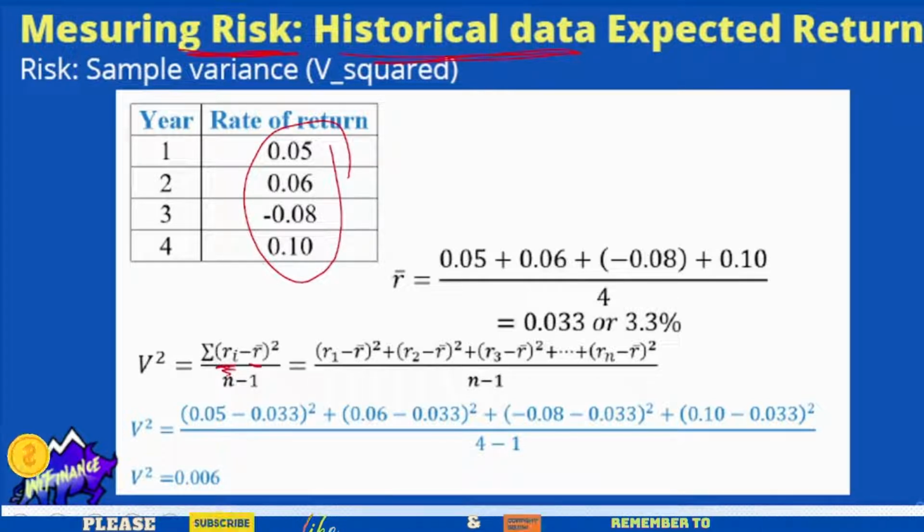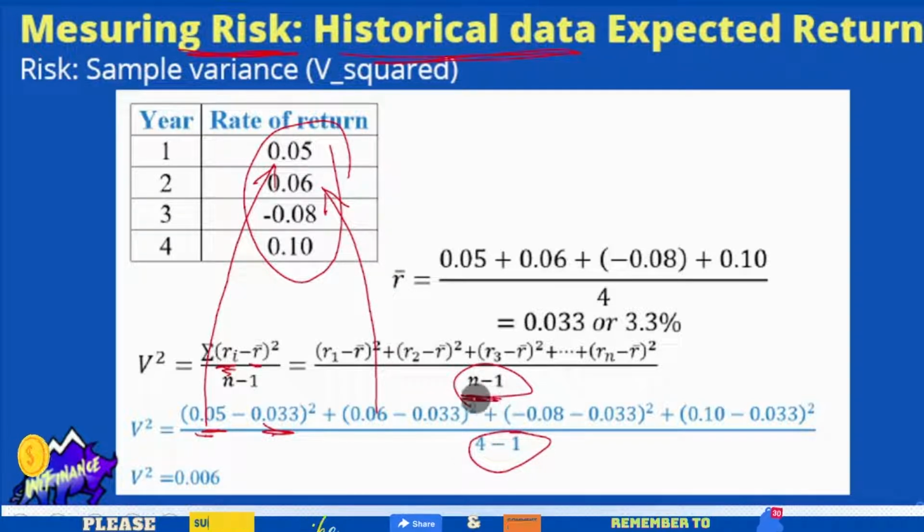So the mean is 3.3%, subtracting it from 0.05 in the first instance and 0.06 in the second instance, and so on. Then you must divide by the degrees of freedom. The degrees of freedom is the number of observations minus 1. In our example, we have 4 observations, so the degrees of freedom is 4 minus 1, which is 3.